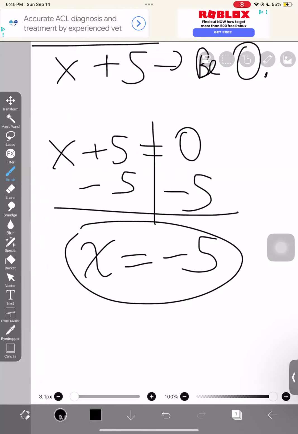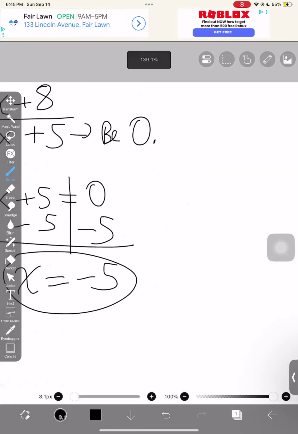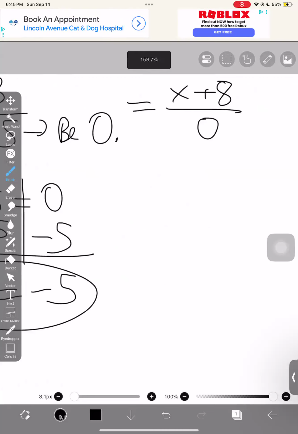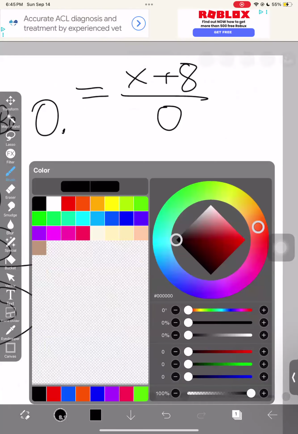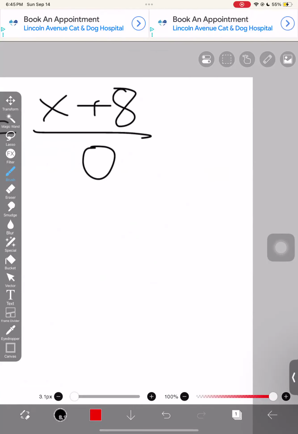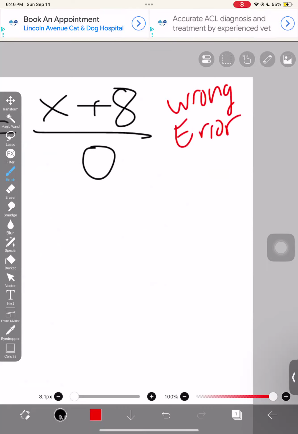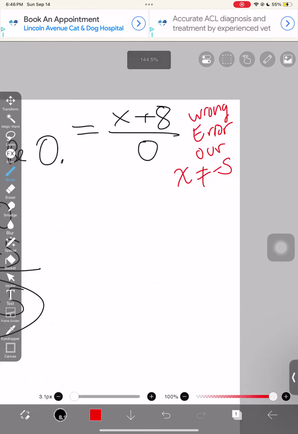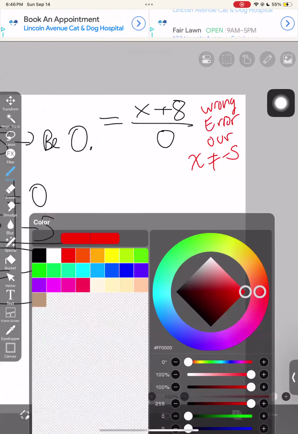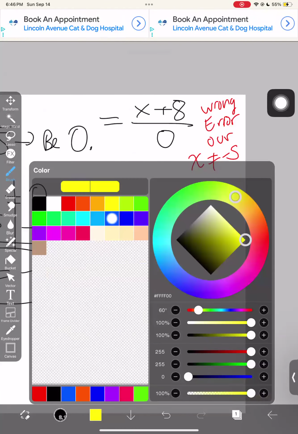Right? So when x is negative 5, the denominator is 0, and that is an error. That is a big no-no. So our x cannot be -5. In terms of domain, though, we go back to our drawing board. Okay.